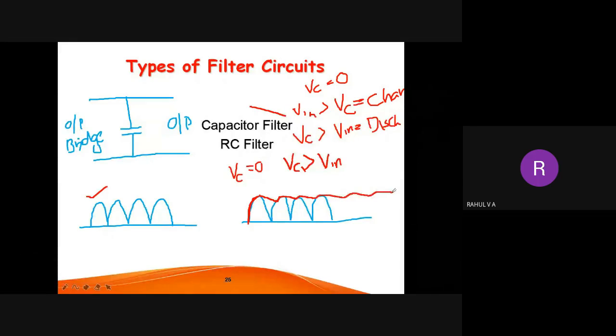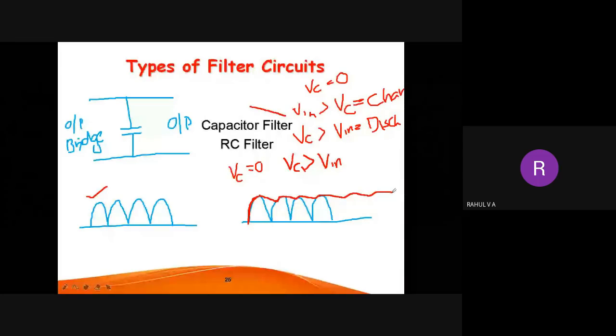It never comes to 0 because of the charge present in the capacitor. Did you understand that? Okay. So that is the working of the filter circuit.